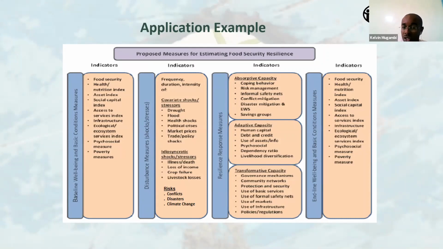We also ought to look at community networks that have evolved over time during our interventions, and the use of basic services, how it has changed over time, and not to forget other indicators such as uses of infrastructure, as well as policy and regulation that could have been brought about by the intervention, either adopted or proposed and developed by the existing community systems as well as the government.